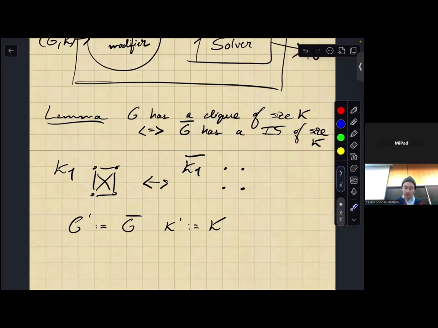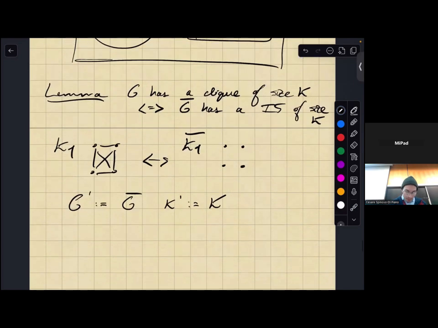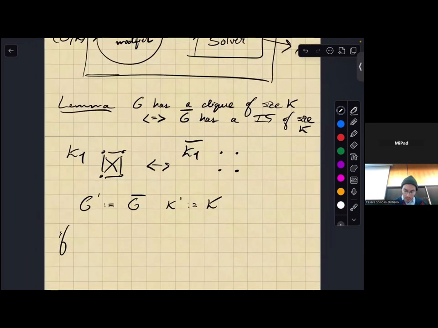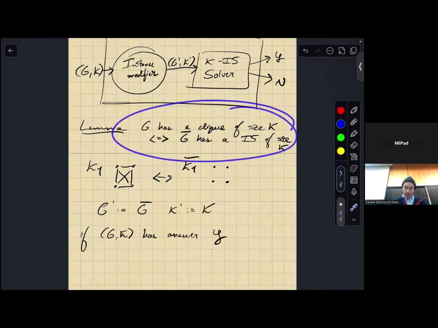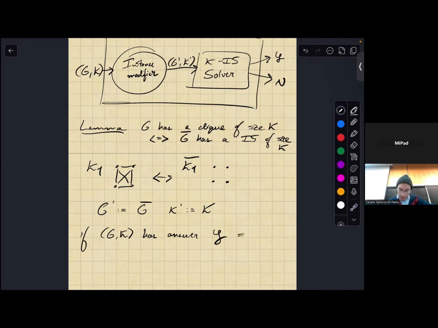So this works because if the instance G, K has answer yes, then by this lemma, it means that this other instance G prime, K prime has answer yes.